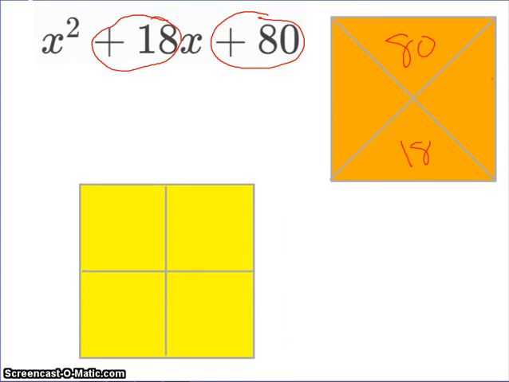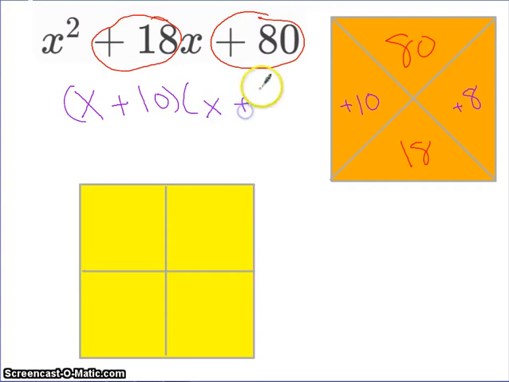All right, what are the two numbers that multiply to give me 80 and add to 18? They are positive 10 and positive 8. Let's check. 10 times 8 is 80, and 10 plus 8 is 18. So these are my two numerical factors. X plus 10 gives me my first factor, and x plus 8 gives me my second factor.